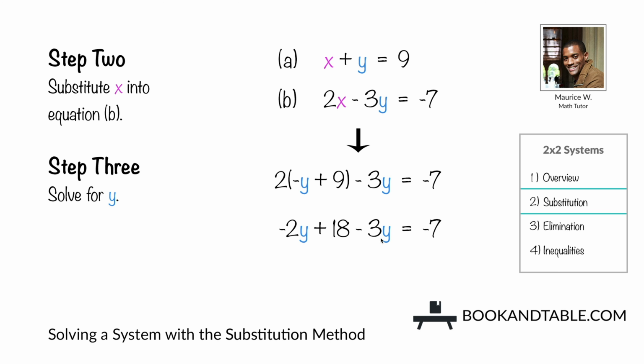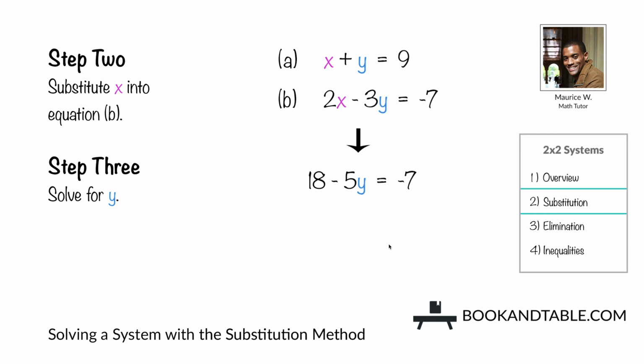Since these variables have the same exponent, we can combine them. So -2y minus 3y is -5y. So we wind up with 18 minus 5y is equal to negative 7. And now we can solve for y. So we'll first subtract 18 from both sides to get rid of this constant, giving you negative 5y is equal to negative 7 minus 18, which is negative 25.